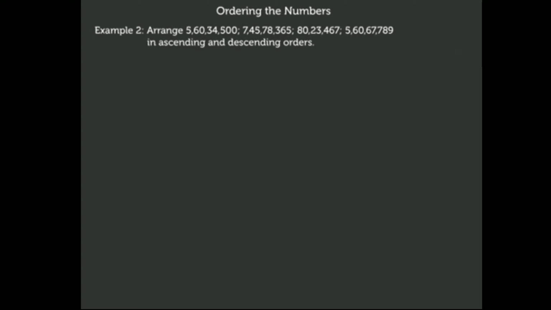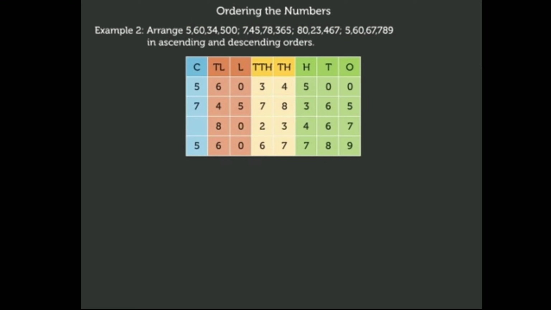Now let us take another example. Arrange the given numbers in the ascending and descending orders. Firstly, write the given numbers in the place value chart. Now let us find the smallest number by comparing the number of digits in each number. Here the smallest number is 80 lakh 23,467.